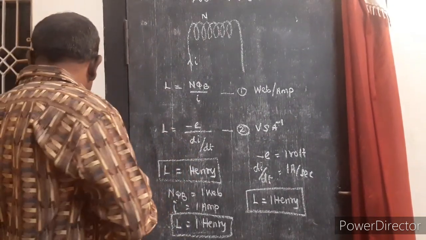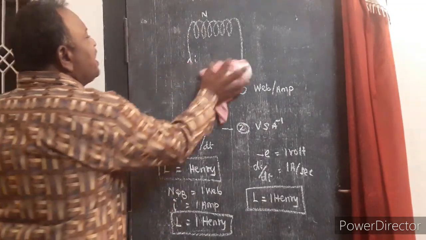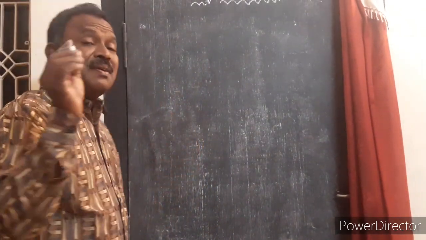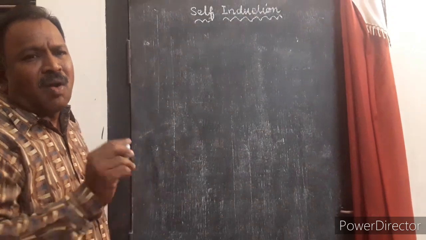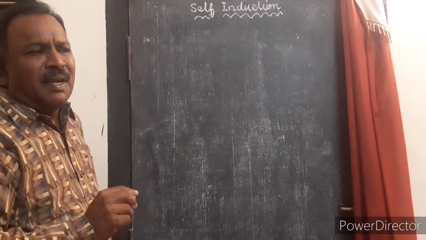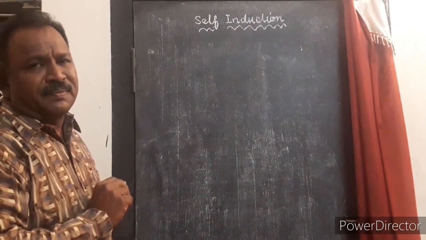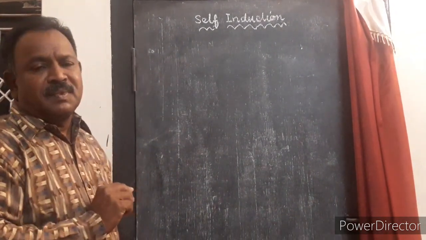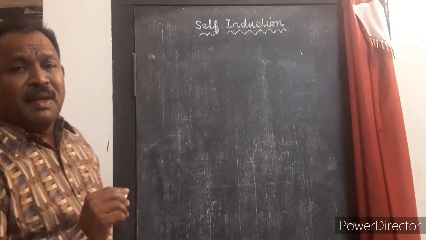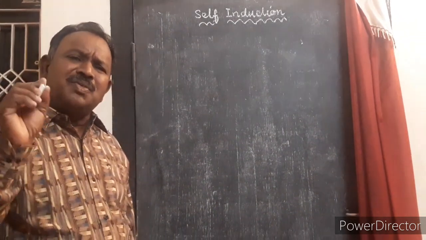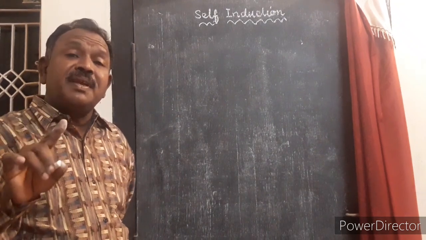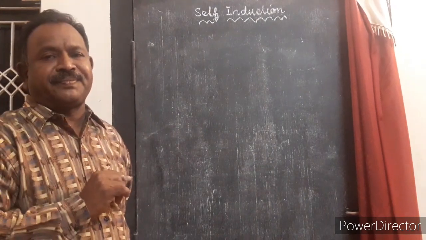So next we are going to see what is the significance of this self-induction. Already we have seen that in linear motion, we see the property of inertia. So what is called inertia? The inability of a body to change its state of rest or uniform motion along a straight line is called inertia.